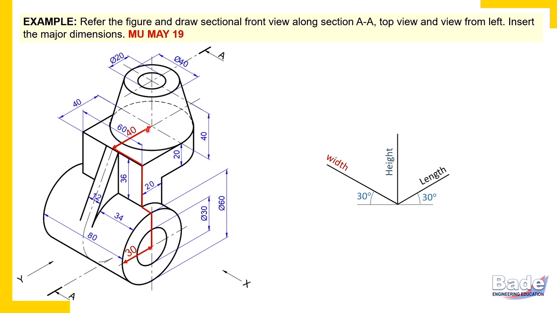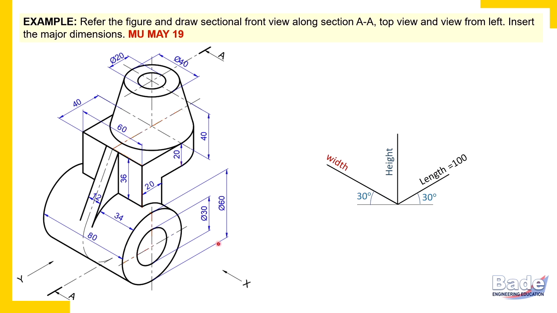Generally hidden details are not shown in a three-dimensional diagram, but for your reference I have drawn a dotted line here suggesting the base of this truncated cone. So its radius is 30 millimeters. So 30 plus 40 plus 30, overall length from extreme left to extreme right is 100 millimeters. So this is length 100 millimeters.